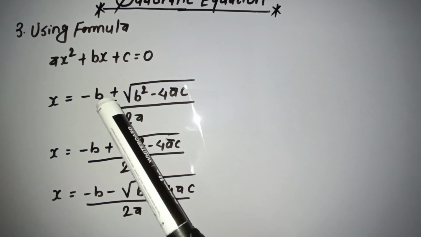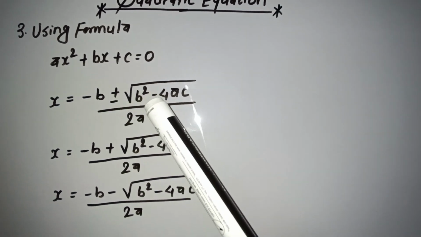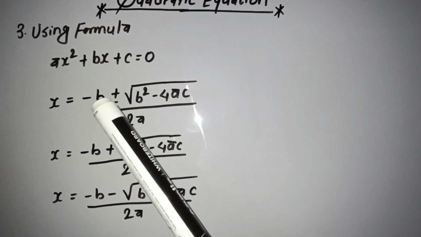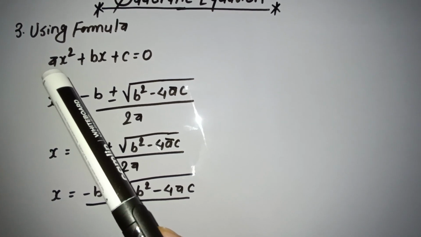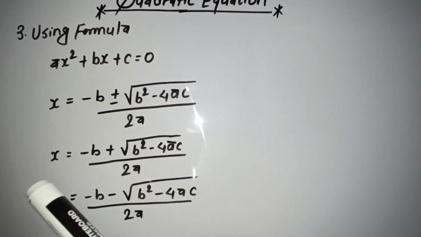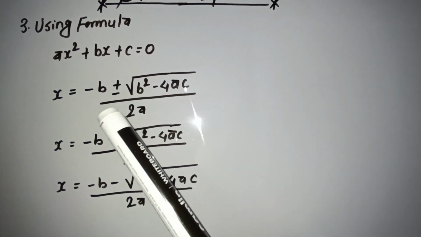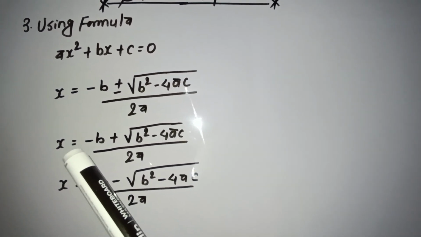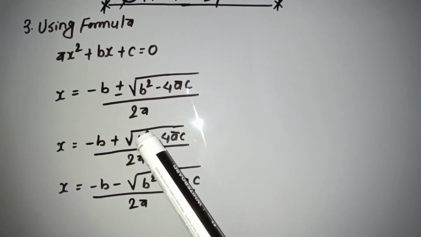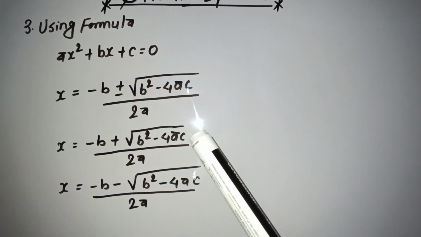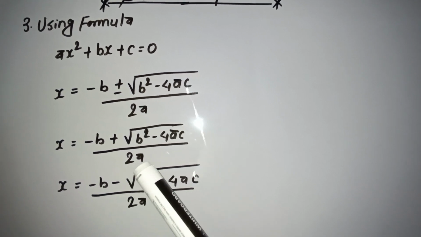This all a, b, and c are equivalent to this quadratic equation a, b, and c. And we expand it as x is equals to minus b plus under root b square minus 4ac divided by 2a.